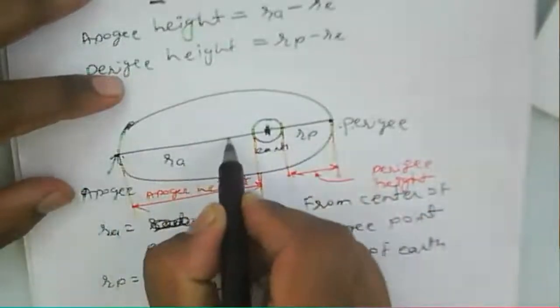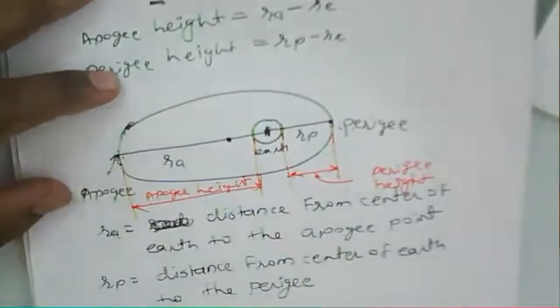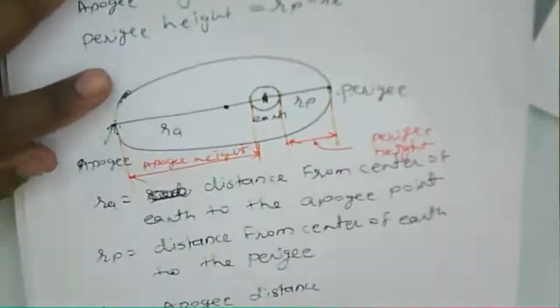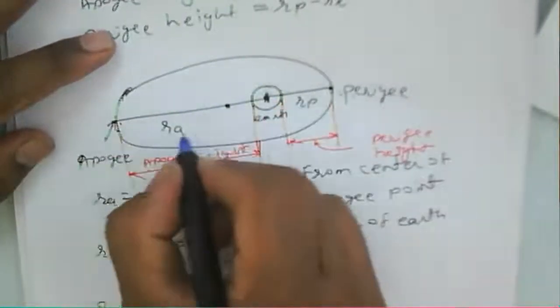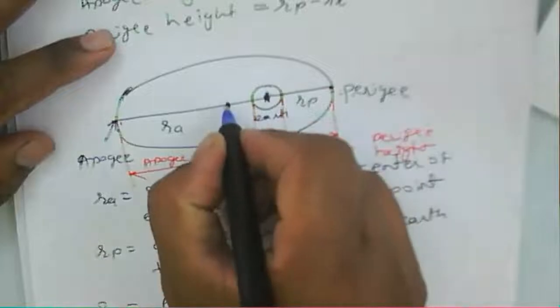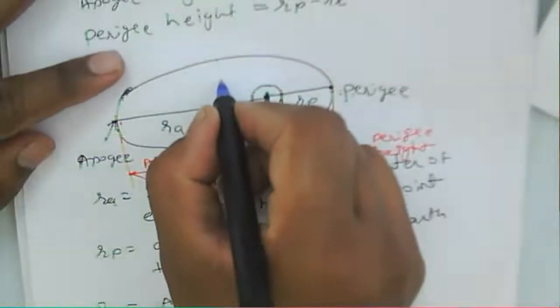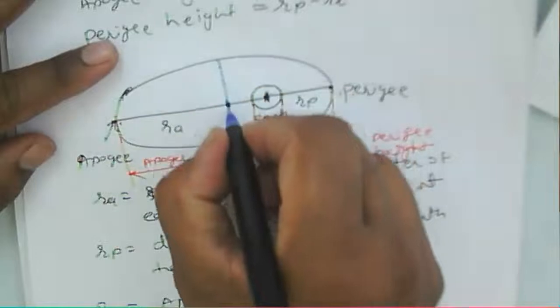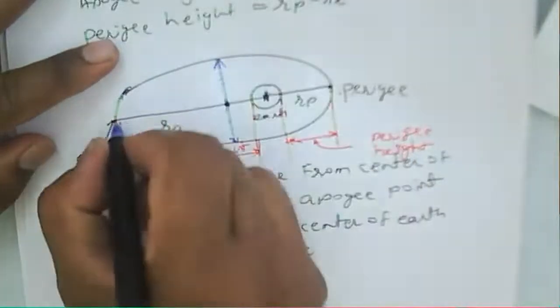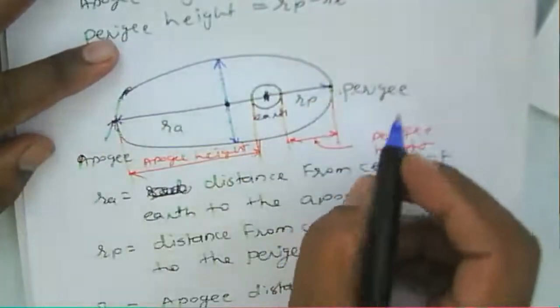For this major axis there may be a center here. This is an ellipse. In an ellipse, this one is the major axis and this one is nothing but the minor axis.